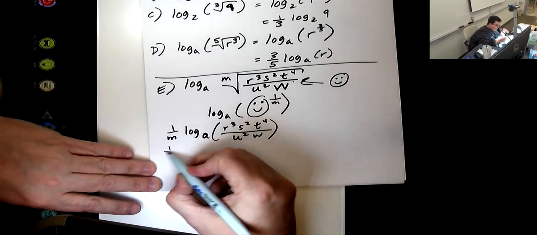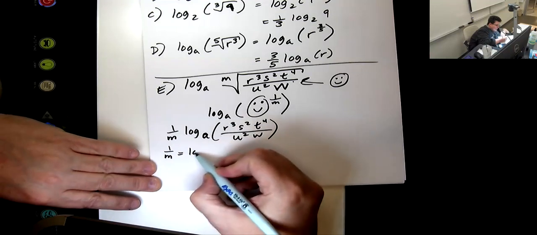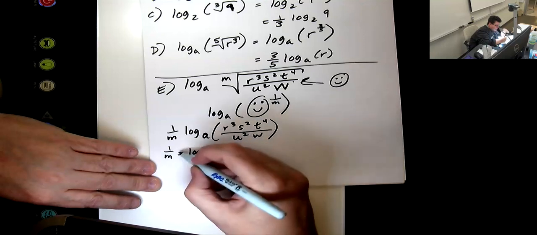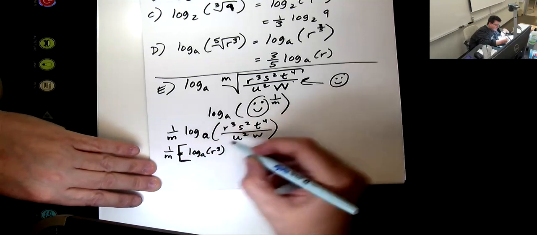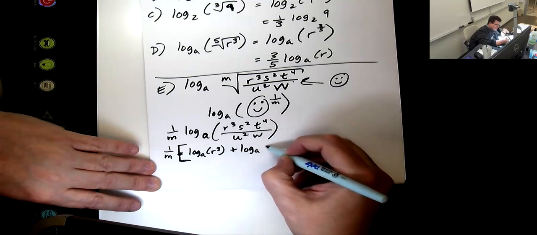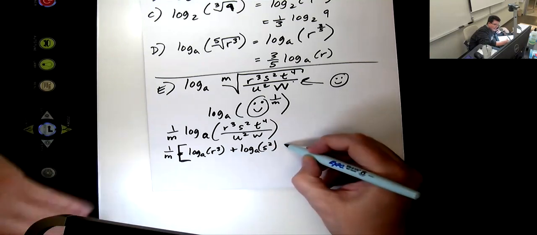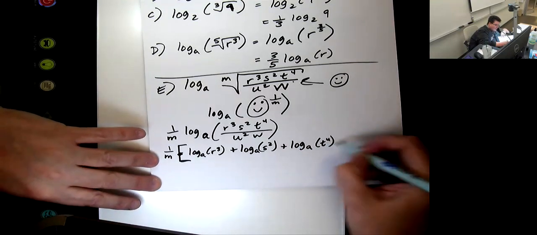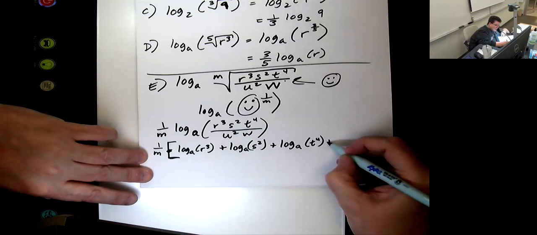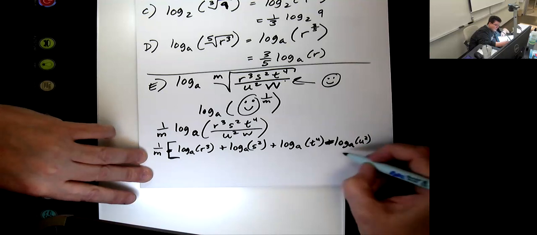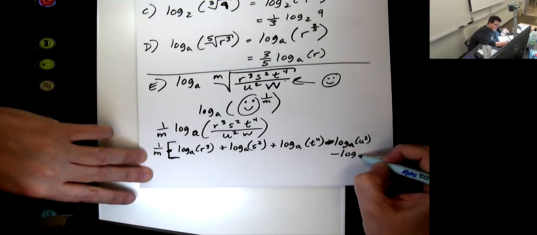I've got 1/m times log A of R cubed, plus log A of S squared, plus log A of T to the fourth, minus log A of U squared, minus log A of W.